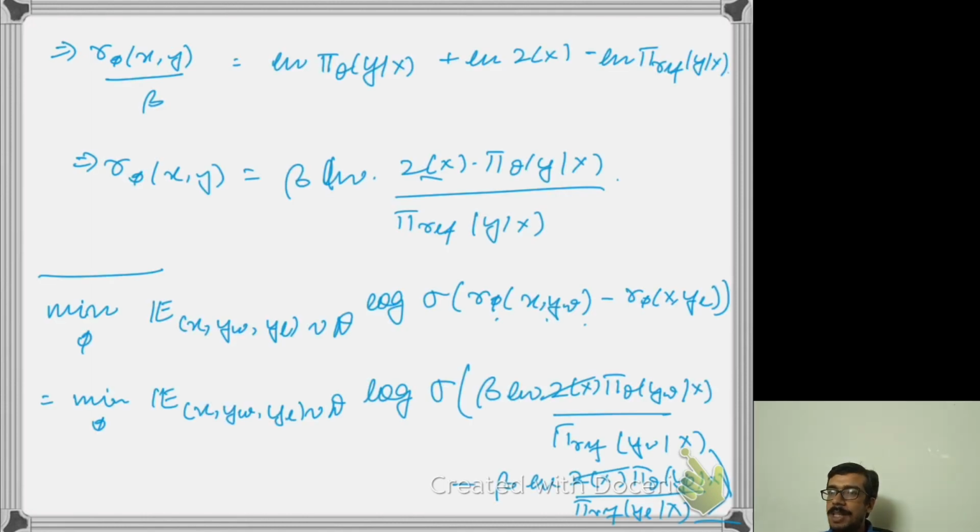So essentially, the objective function boils down to minimizing over the set of policies pi theta y given x. Actually, I should have substituted here only. So when I'm substituting rewards in terms of policy, this minimization over phi changes to minimization over theta.